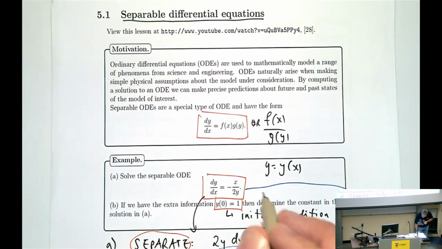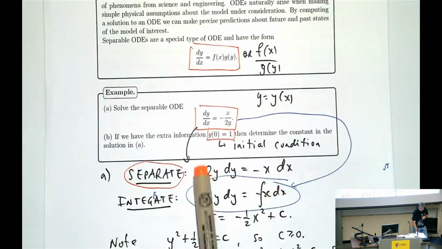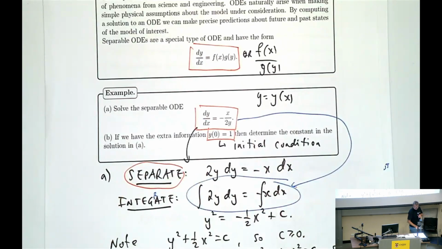It basically means you can use multiplication or division to separate the variables, and then you integrate. So you can see here I can multiply both sides by y, both sides by dx, and I get something like that. And then I just integrate.